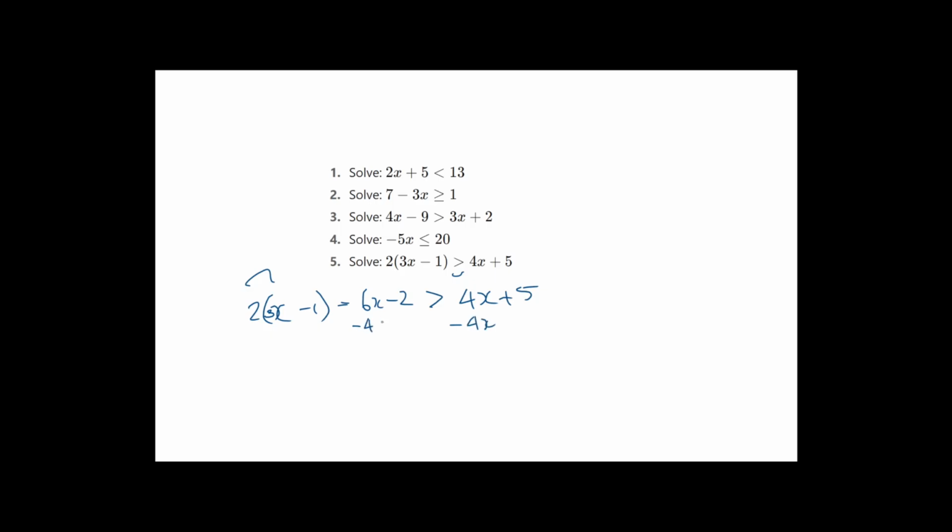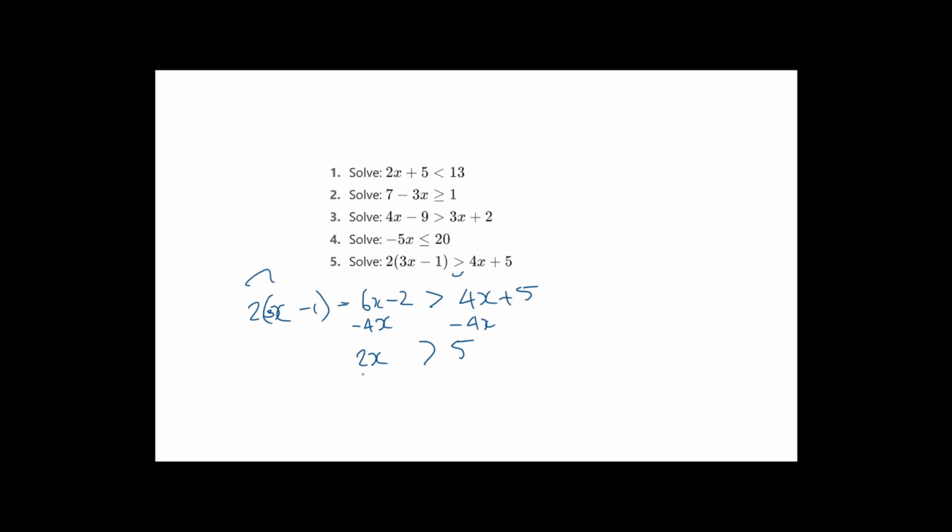We're not violating our primary rule because we're not multiplying or dividing by a negative number. So 6 minus 4 is 2x, must be greater than 5.